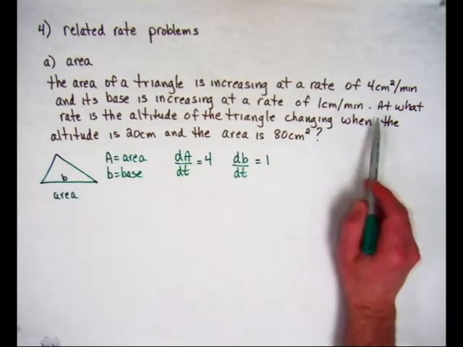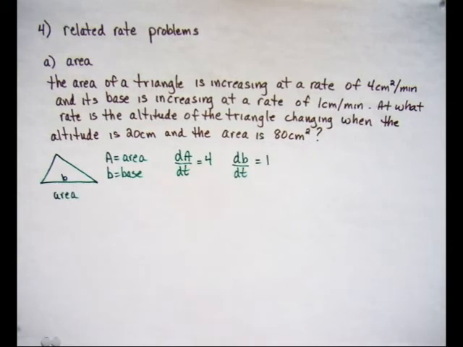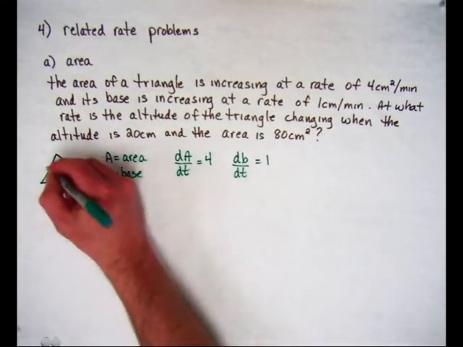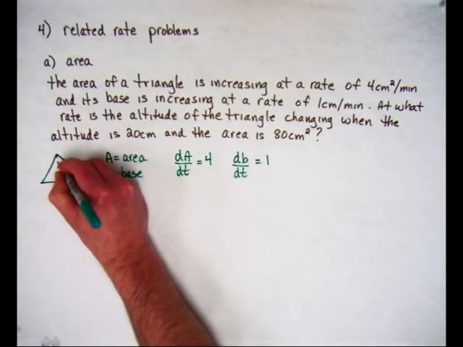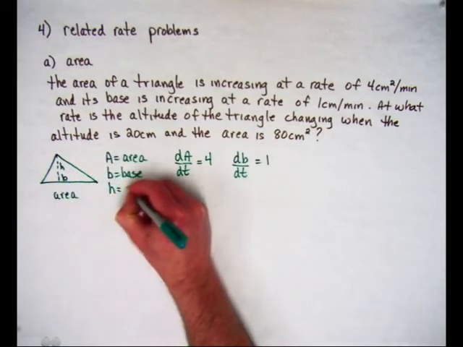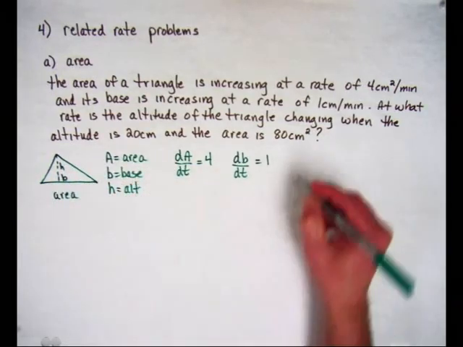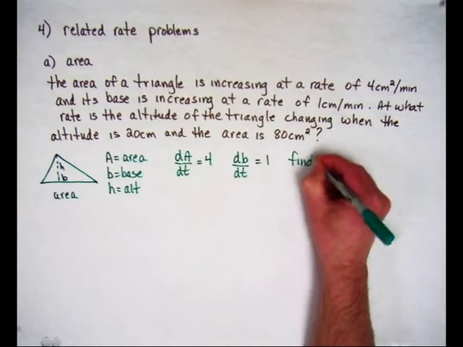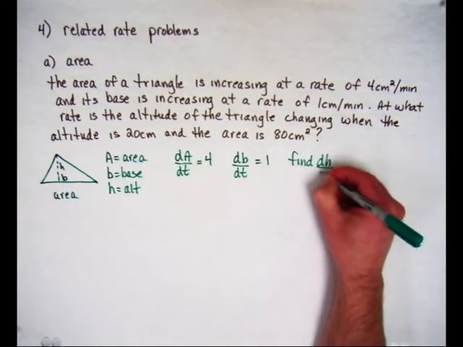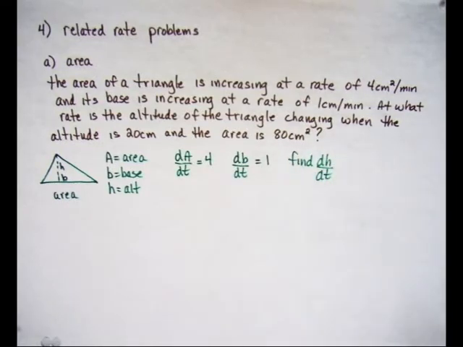The question goes on to say, at what rate is the altitude of the triangle changing? Well, the altitude is its height, so we can say h is the altitude. So the question wants us to find dH/dt, and then you're usually going to be given a particular moment when you want to find that.